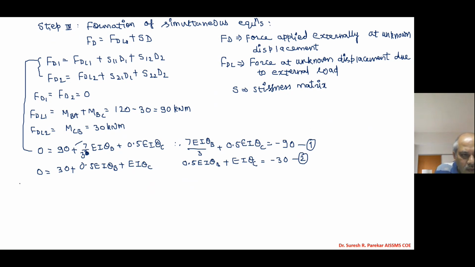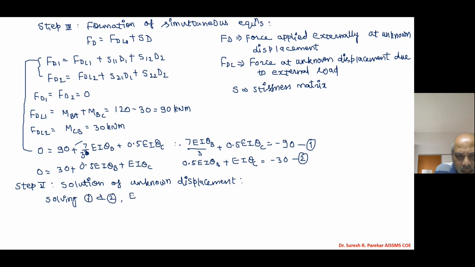Then we have step 5, solution of unknown displacements. Solving equations 1 and 2, we have EI theta B equal to minus 36 and EI theta C equal to minus 12.